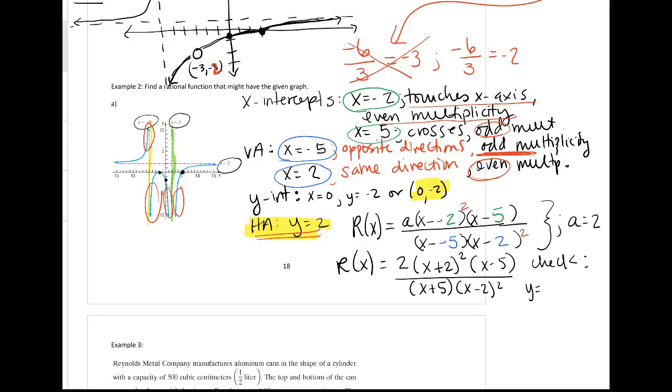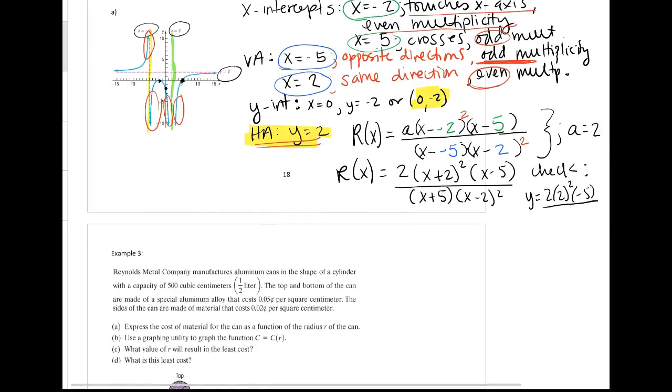So y equals, when x is 0, this is 2 squared, and this is going to be -5, all over, moving up so you can see, this is going to be 5 in the bottom and then -2 squared. So let's see if I'm going to end up with a y value of -2. So y equals, that's going to be 2 squared is 4, 4 times 2 is 8, 8 times -5 is -40.